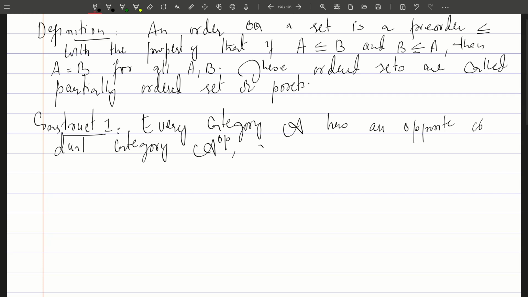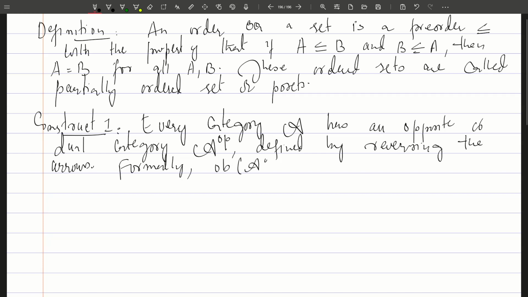This is defined by reversing the arrows. So formally, the objects in the opposite category are the same as the objects in the given category.